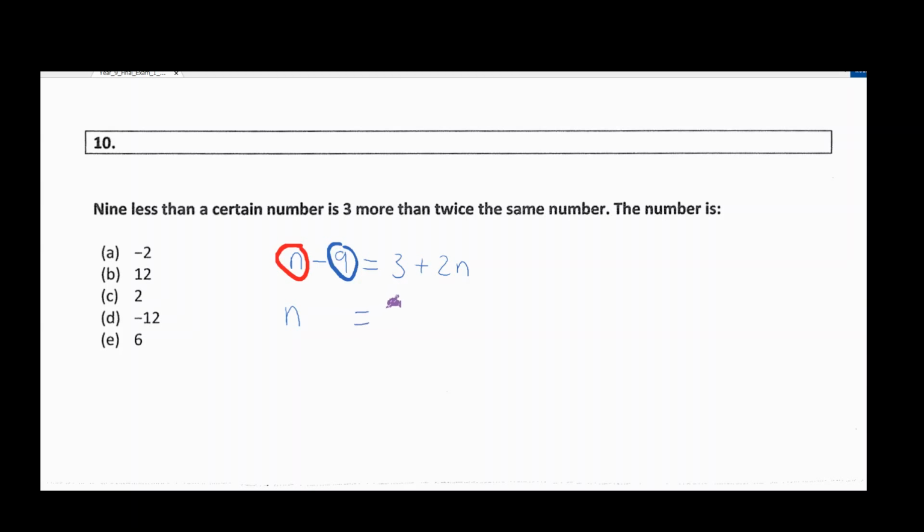So n equals 3 plus 2n plus 9. And then I need to move this other 2n across. So n minus 2n equals 3 plus 9, 9, 10, 11, 12. So n minus 2n, that's just going to be minus n. Minus n equals 12. So n equals minus 12. And here's our answer. It's D.